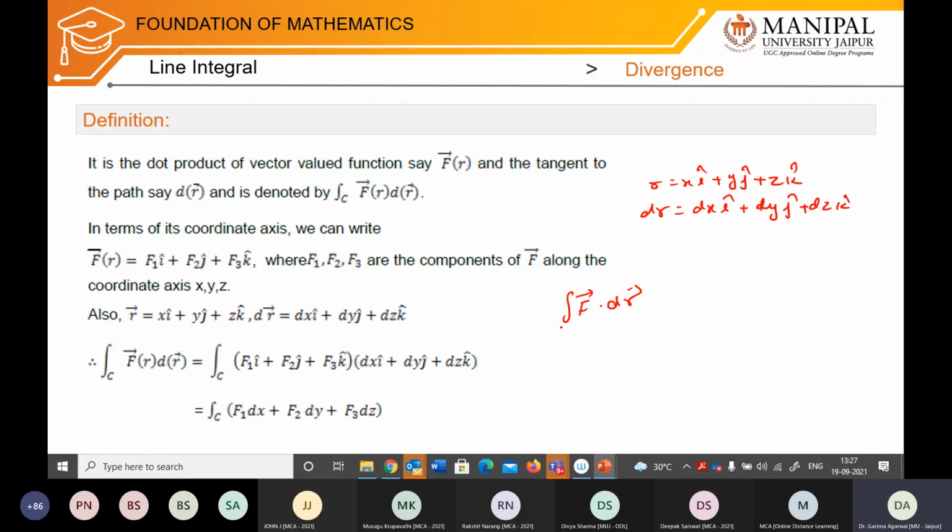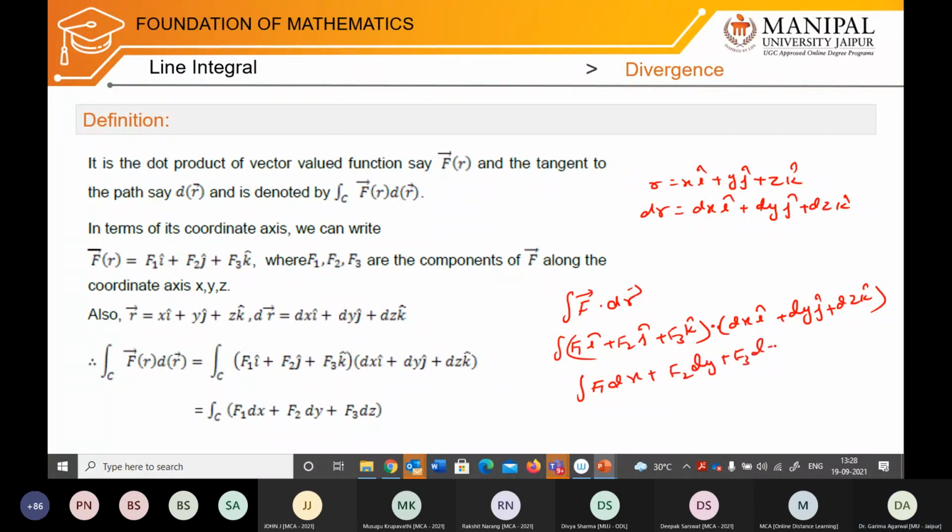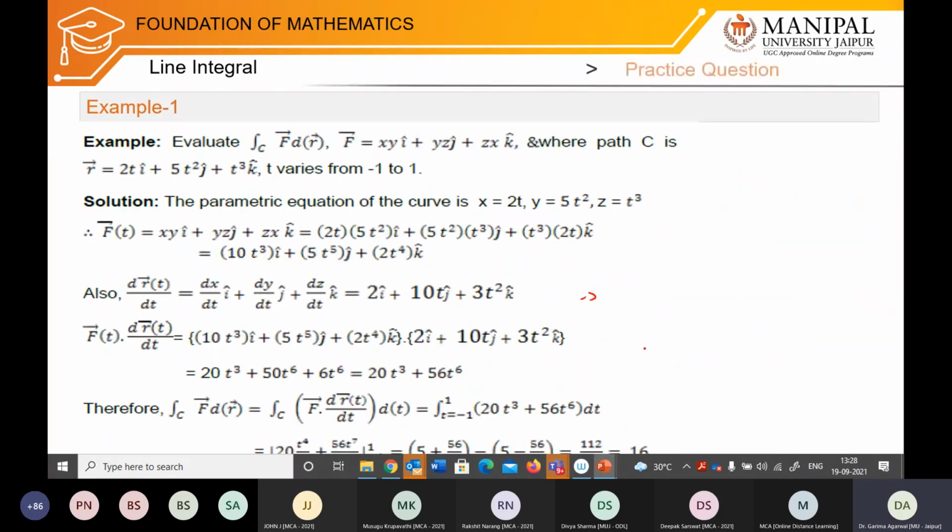Vector f, let's say it's f1 i cap, f2 j cap, f3 k cap, whatever the values of f1, f2, f3, dot dx i cap, dy j cap and dz k cap. Just find the dot product, that is f1 dx, f2 dy and f3 dz. So this one is line integration.